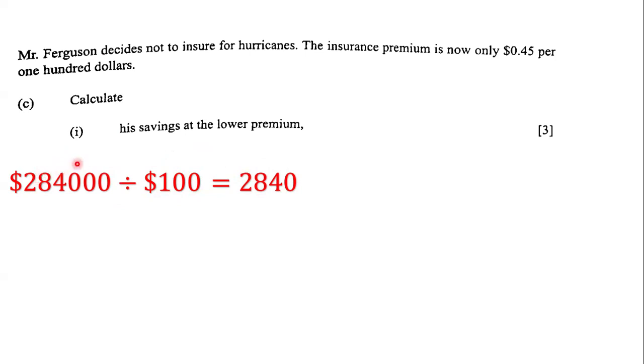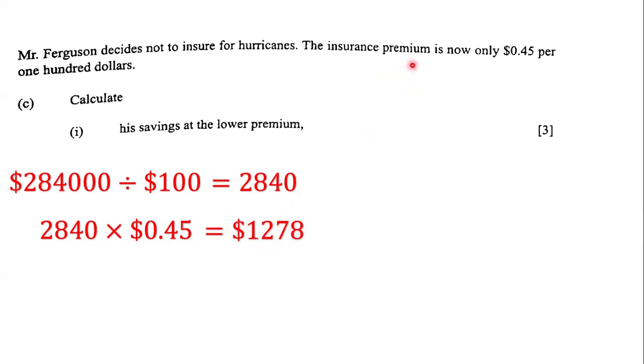Now we know that for every $100 in 284,000, he has to pay 45 cents. And so we say 2,840 multiplied by 45 cents, and that gives us 1,278. And so that is the amount that he has to pay with this insurance premium.